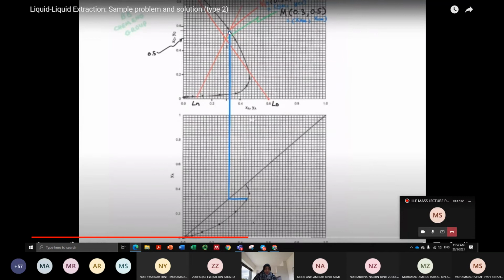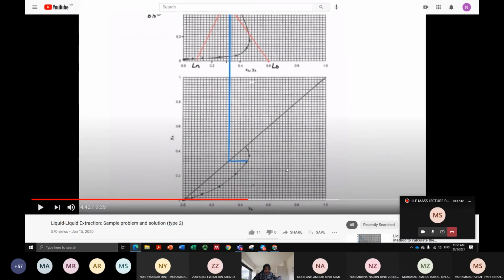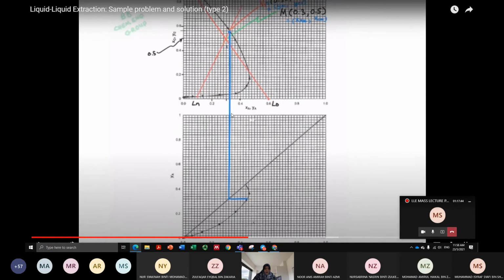So from the V1 that you have, you just draw a vertical line downward until it reaches the second graph at the 45-degree line. So this is another graph that you will be given. Then from this 45-degree line, you draw a horizontal line to the right until it reaches the equilibrium curve down here. Then next you need to draw the vertical line upward.